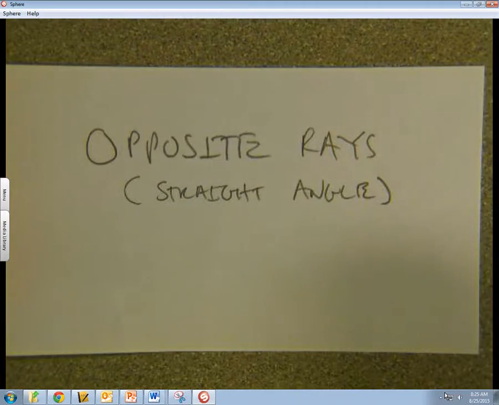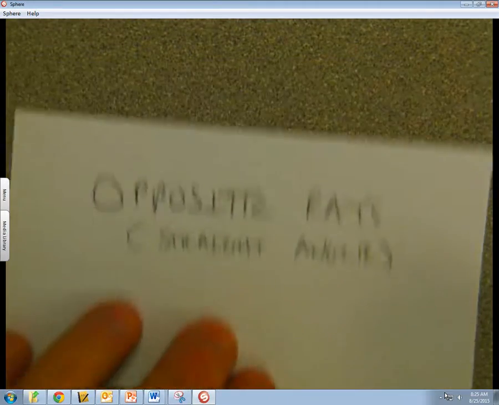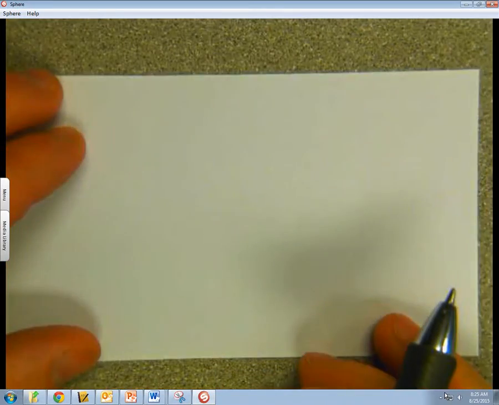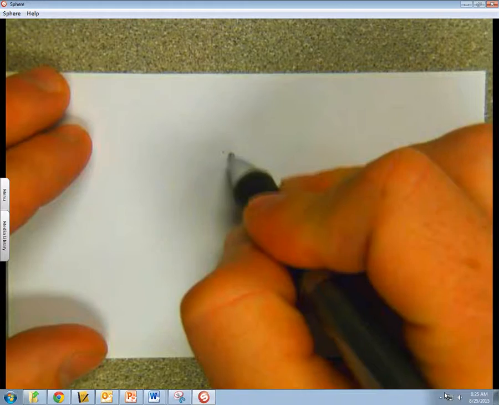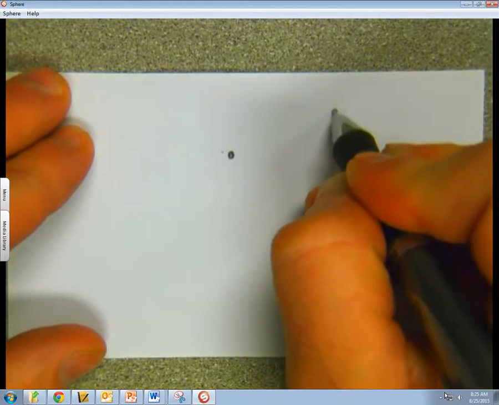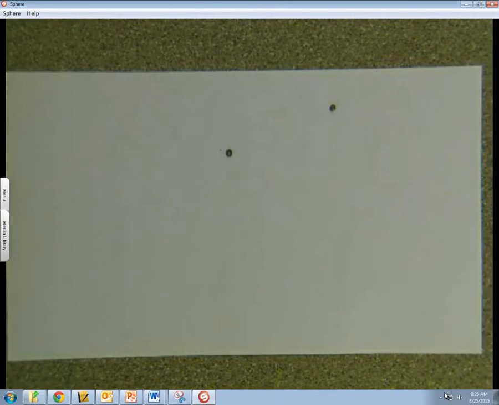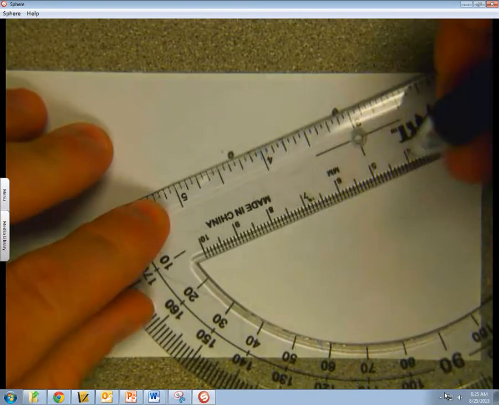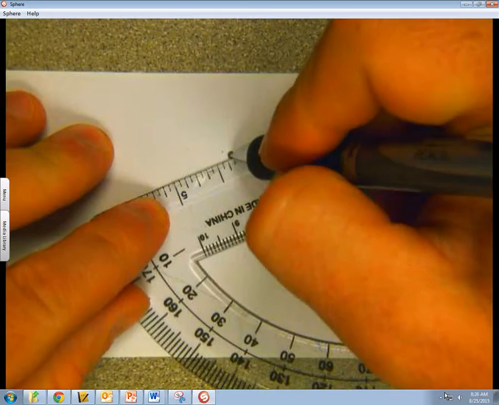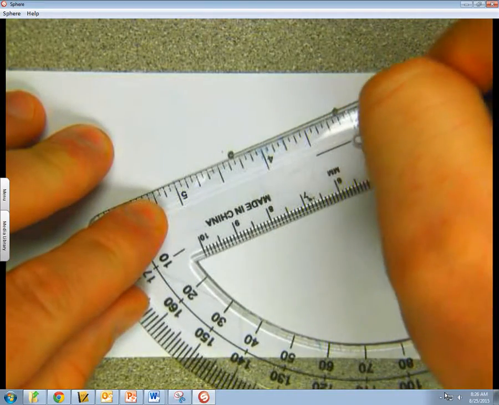So let's draw a picture. So let's just start with the ray. Okay.